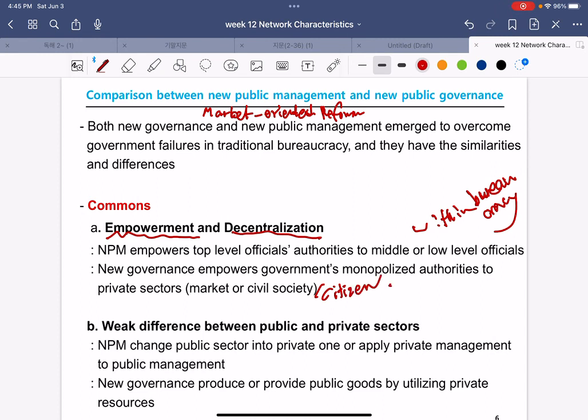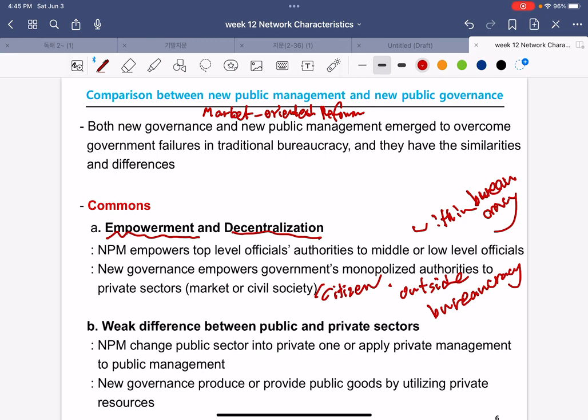This is the empowerment outside bureaucracy, because the monopolized production of government services is decentralized, empowered to the private actors.